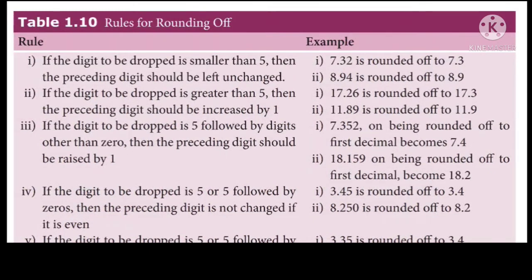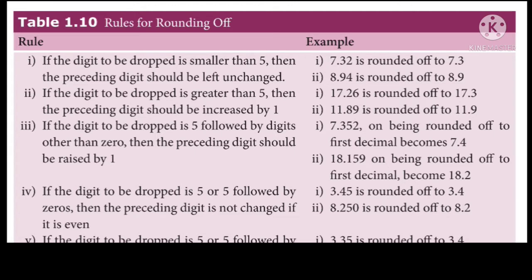First rule, if the digit to be dropped is smaller than 5, then the preceding digit should be left unchanged. Look at the first example, 7.32. In this number, we have to check the least significant digit.